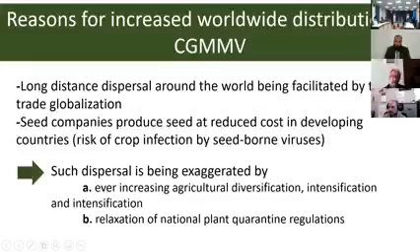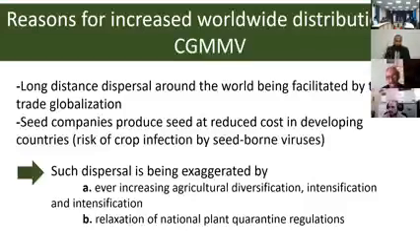And now, which are the reasons for the increased worldwide distribution of CGMMV? First of all, long-distance dispersal around the world being facilitated by trade globalization. As I told you before, for example, in our country, we import almost all the vegetable fruit.